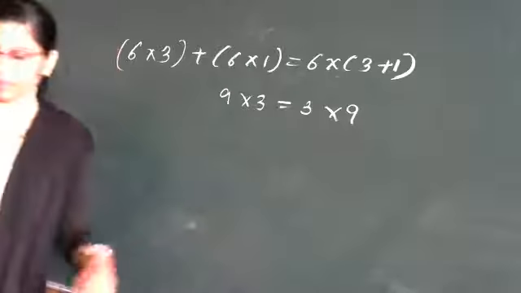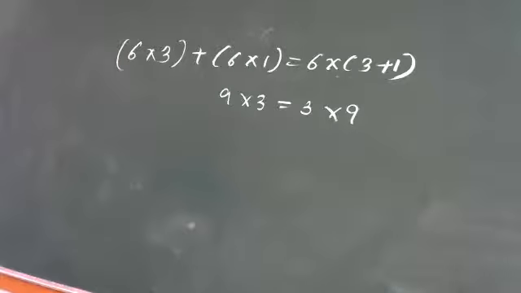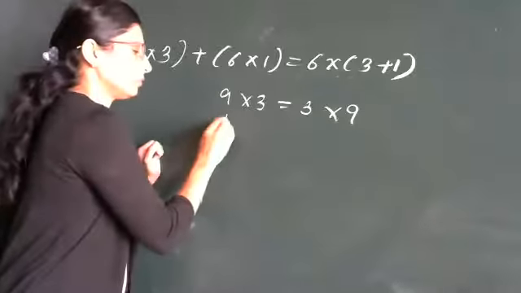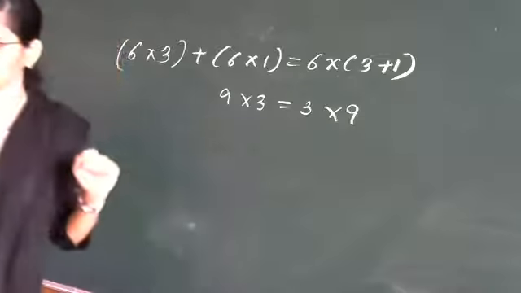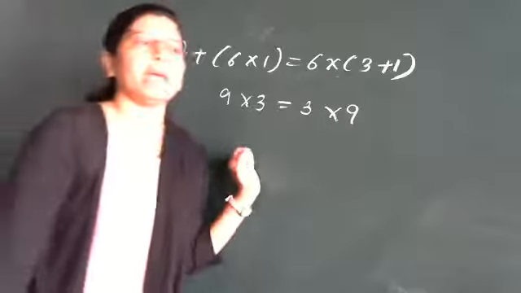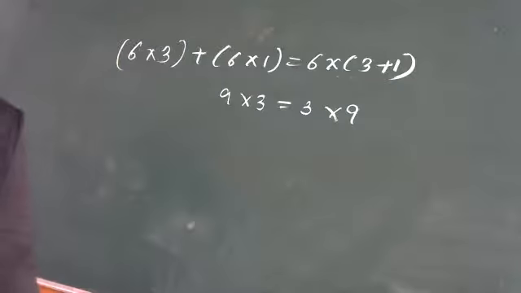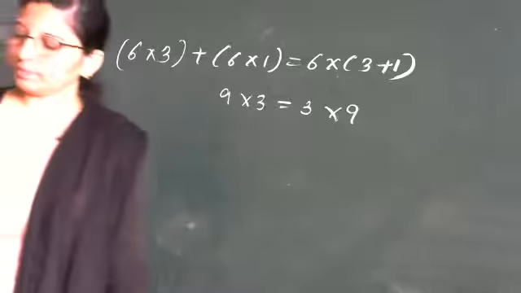Now next. 0 into 10, 10 into 0. Yes, multiplicative property of 0. Now last one. 7 into 5 minus 2 is equal to 7 into 5 minus 7 into 2.